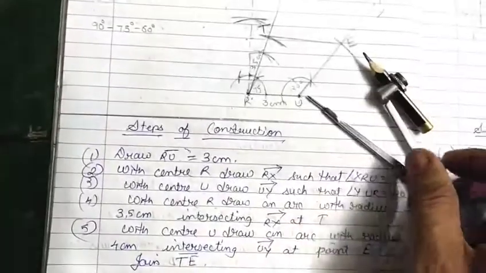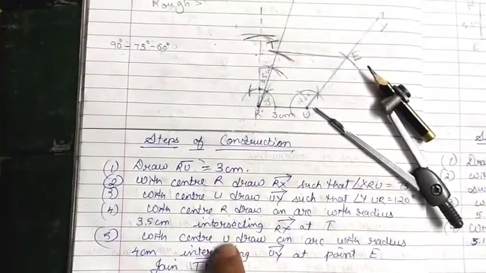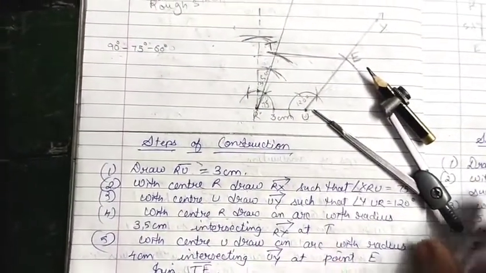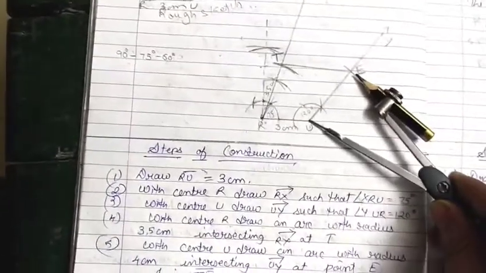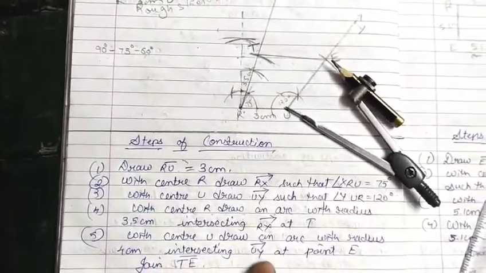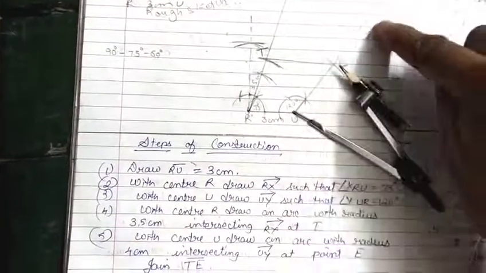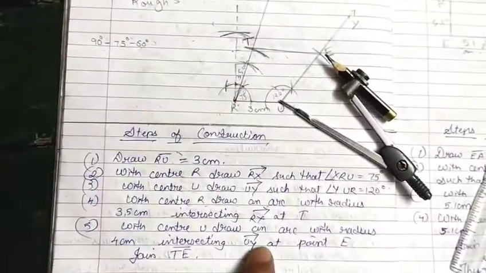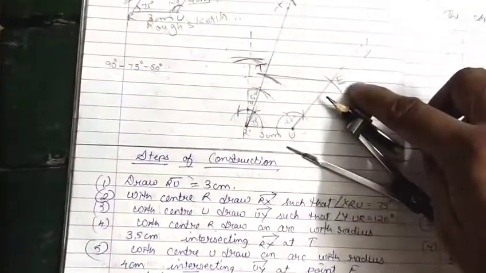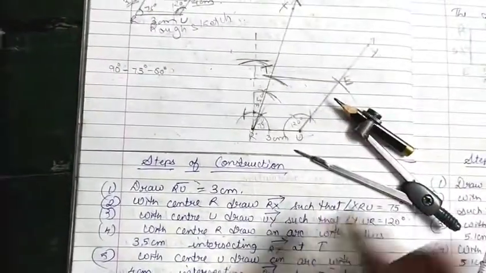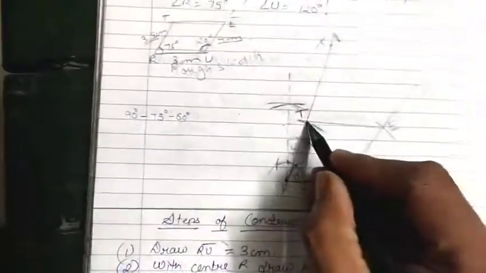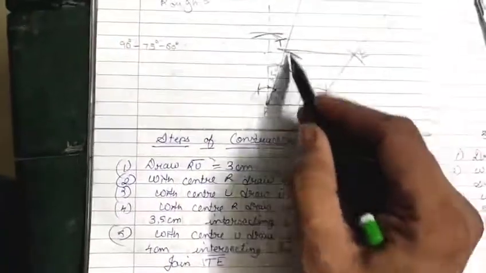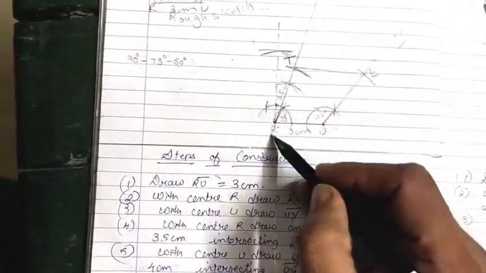Step: with center U, draw an arc with radius 4 centimeter intersecting ray UY at point E. Write down E. Now after getting both connecting points, join TE. This is how we got our quadrilateral TRUE.